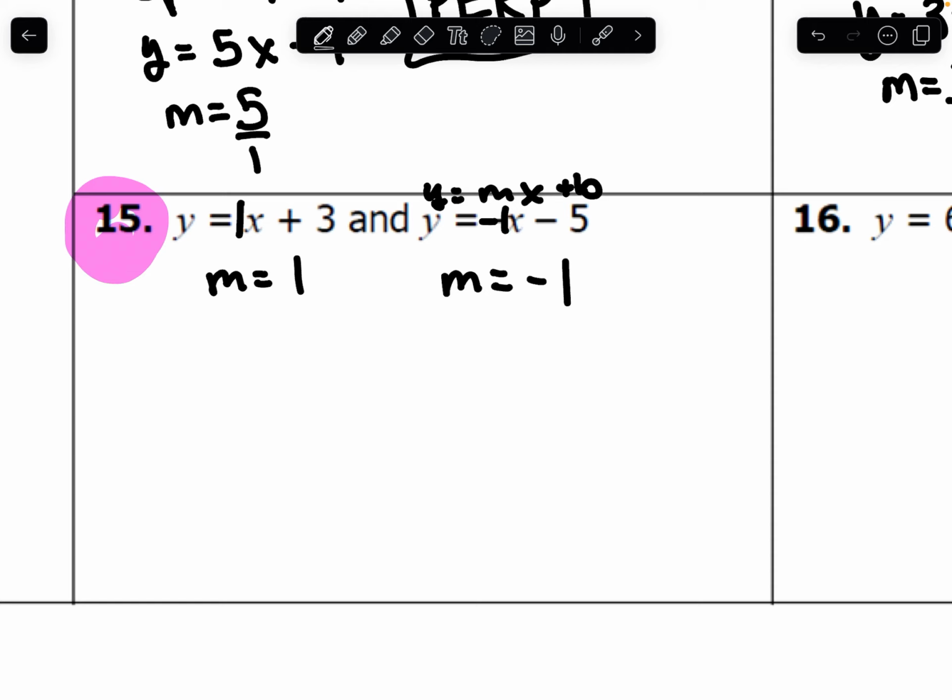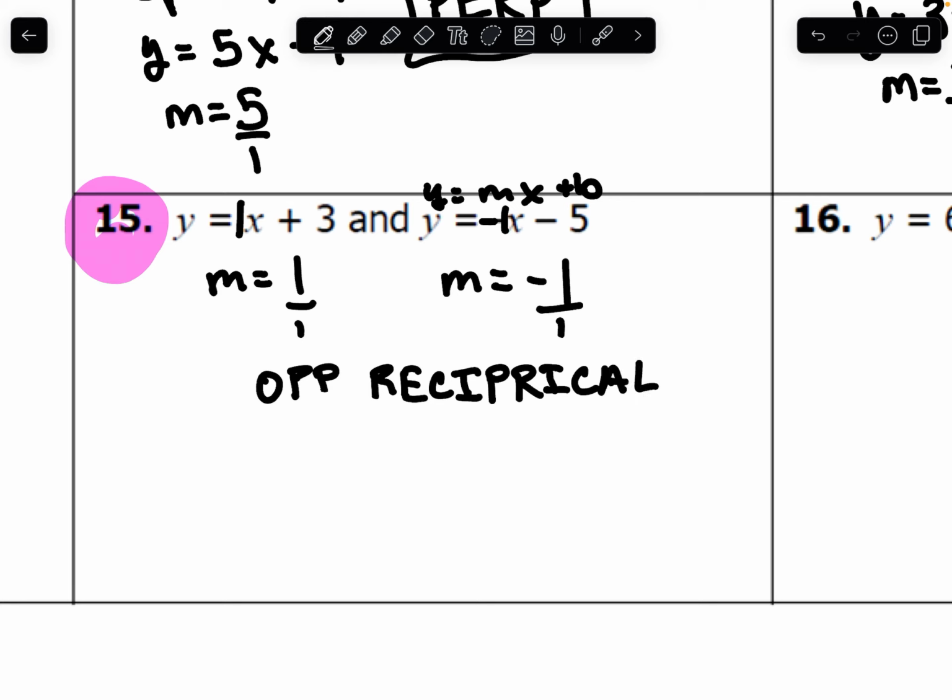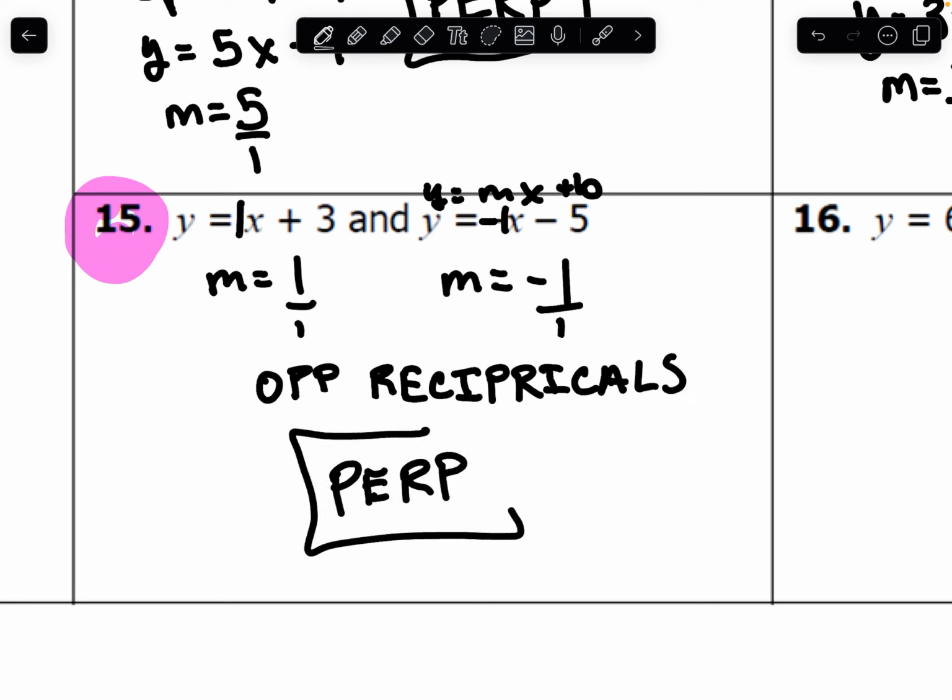Well, again, kind of like we were talking about during that little warm-up of what is a negative reciprocal or an opposite reciprocal. Well, remember, this is 1 over 1, and this is still 1 over 1, right? The reciprocal is just 1 over 1 and then flipping it. Well, they're opposite reciprocals, which means that they are perpendicular.